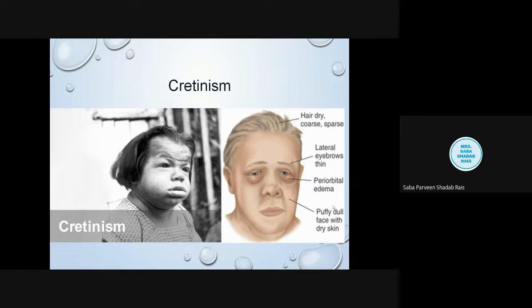At 7 to 8 months, at least they should start sitting. Then they should start crawling. So every month, up to 1 year, they must walk, okay, 1 year or 18 months. So if the baby has hypothyroidism, all the stages will be delayed. And other things like dentition and mental development will also be affected.